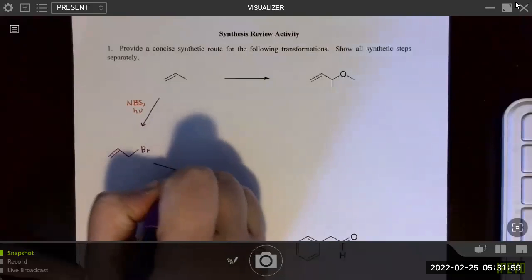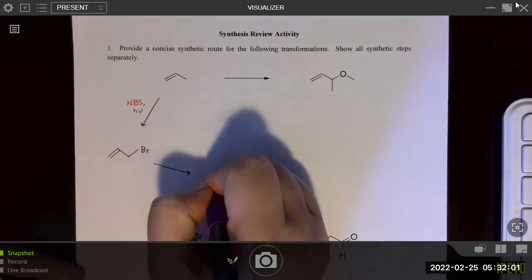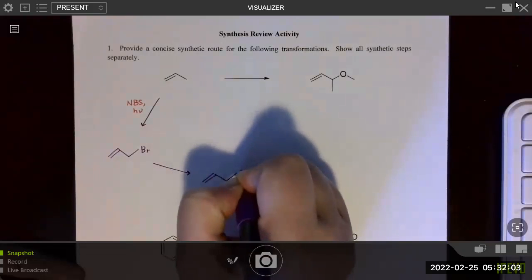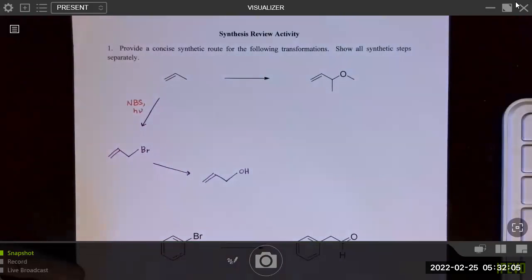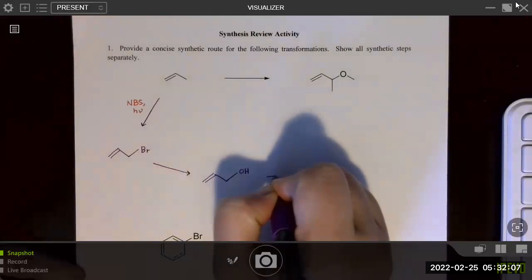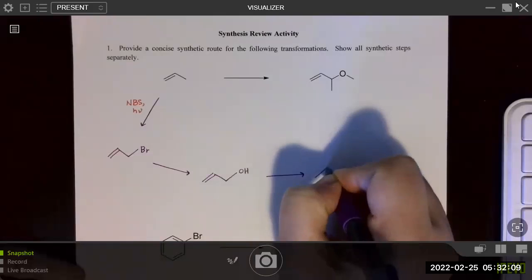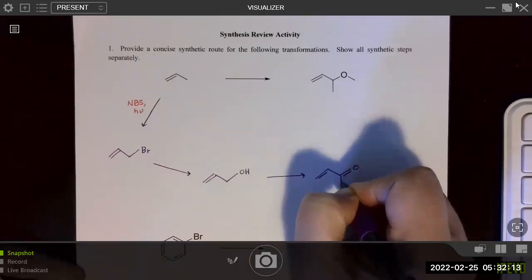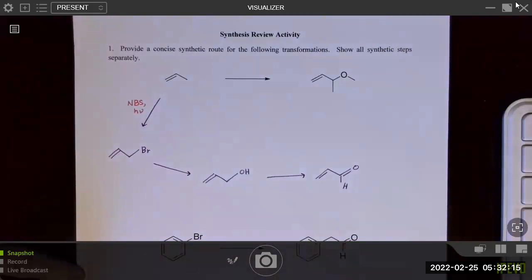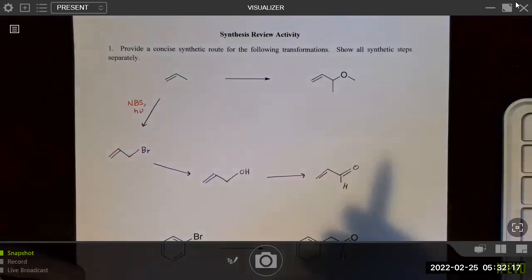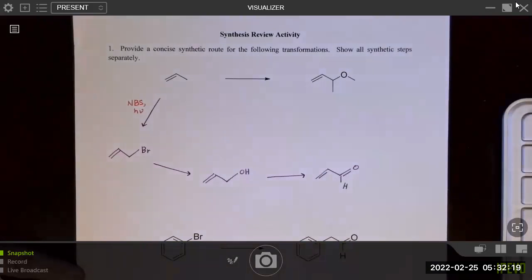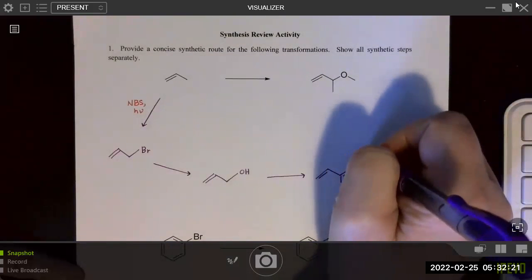So what we can do is first convert this to an alcohol, which can then allow us to convert it to an aldehyde. Once we're at this aldehyde stage, we'll be able to add one more carbon with a Grignard reaction.